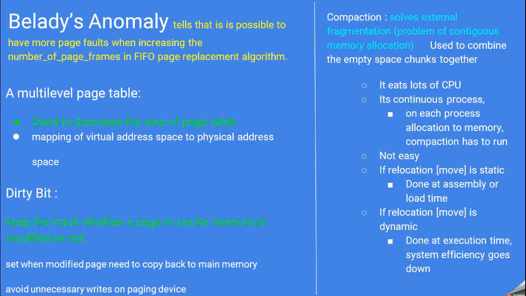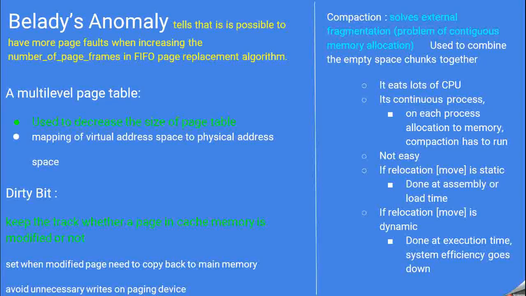How is it possible? It combines the empty space chunks together, but the problem is it takes a lot of CPU. It is a continuous process. On each process allocation, compaction has to run. It is not an easy process. If the relocation is static, it is done at assembly or load time. What if it is dynamic?